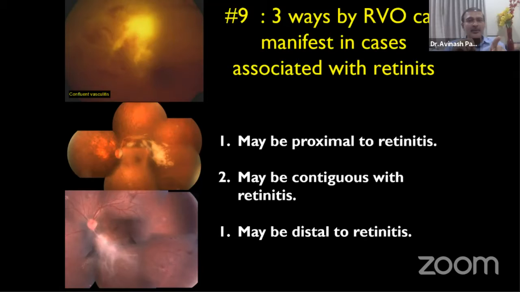In the picture at the bottom, in the middle, you can see a retinitis patch distal to the vasculitis, or there can be a retinitis patch proximal to the area of vasculitis. So these are the three ways by which one can associate a retinitis with vasculitis: it can engulf it completely, or be found distal to the occlusion, or even proximal to the occlusion.